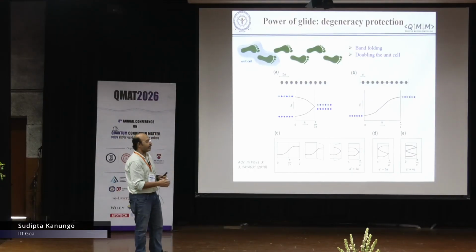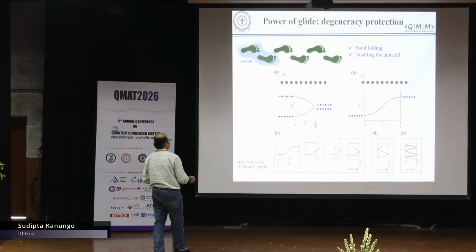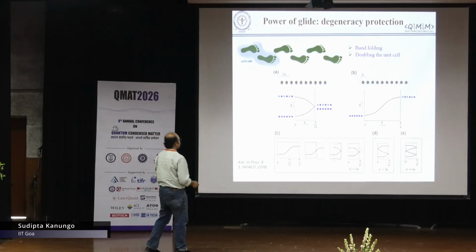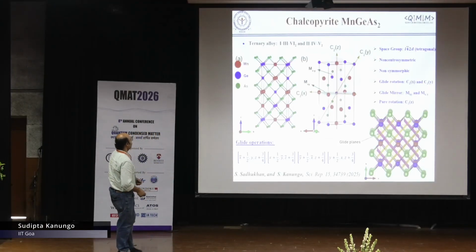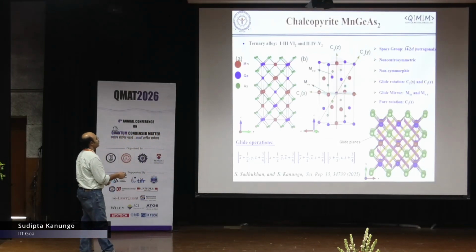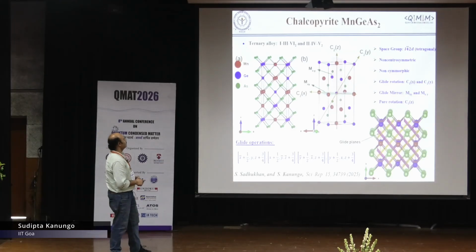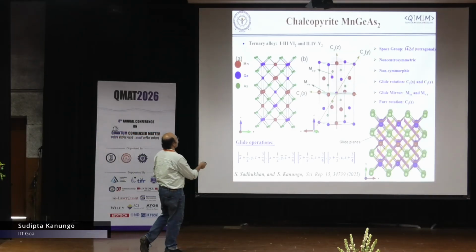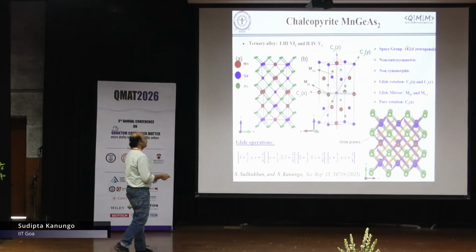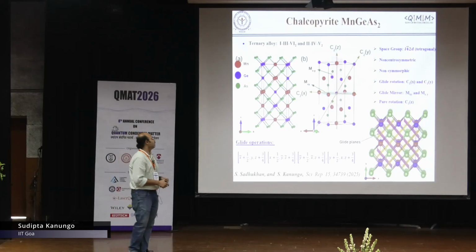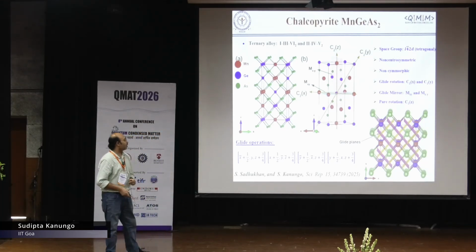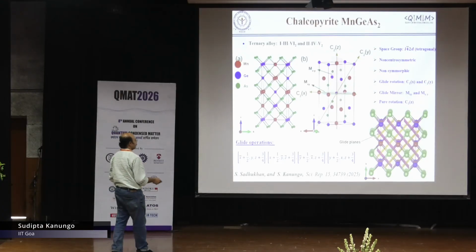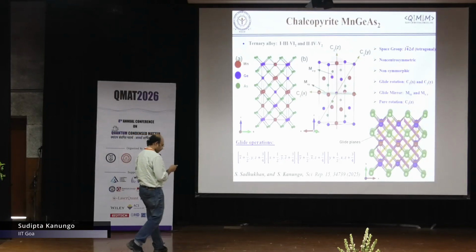If we just fold the band, technically you can get degenerate points in the band structure spectrum. Okay. So what we have chosen is the same chalcopyrite system, but now MnGaS2, where the Mn is magnetic. It is still non-centrosymmetric and non-symmorphic. We have a glide rotation and the mirror in addition to the pure rotational symmetry.